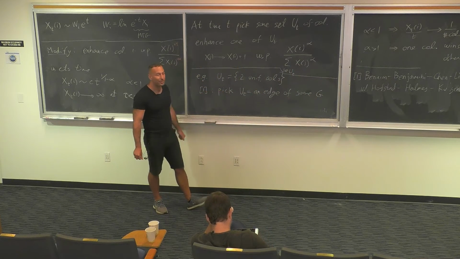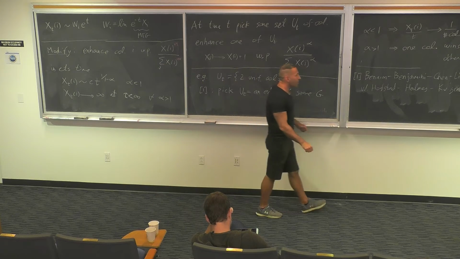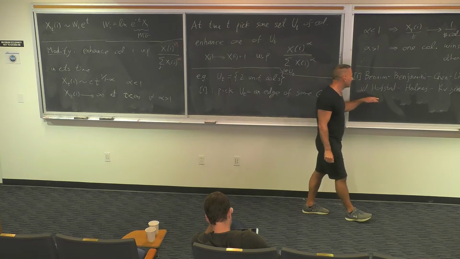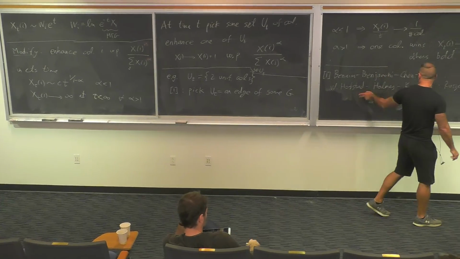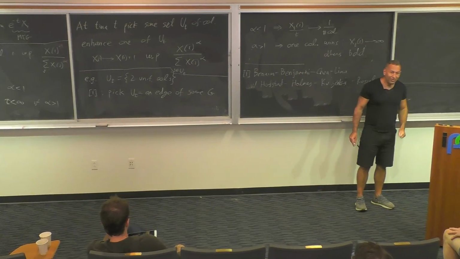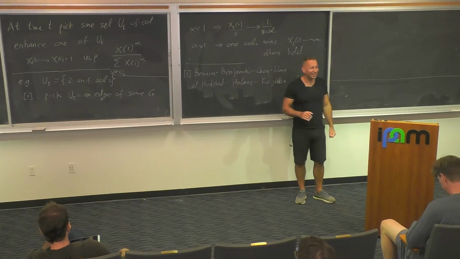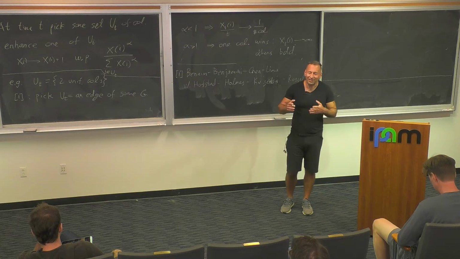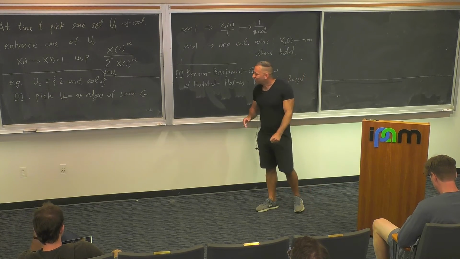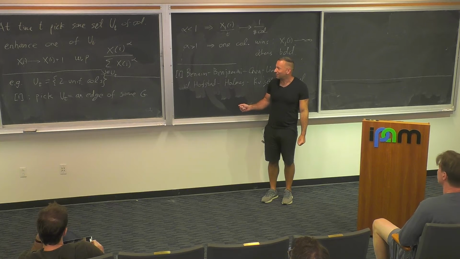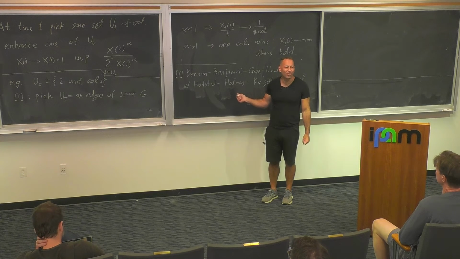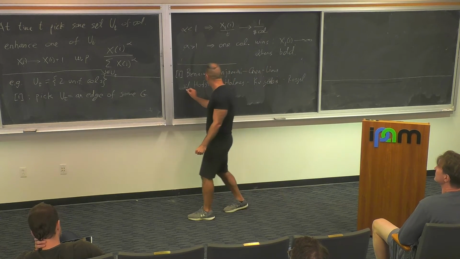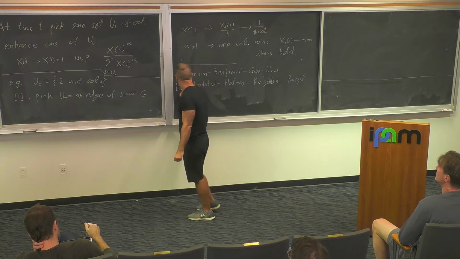The works of Remco and the others, they considered sort of a reverse, the other extreme case. They also had a graph G, but for them the colors were on the edges. So let's call this 2.